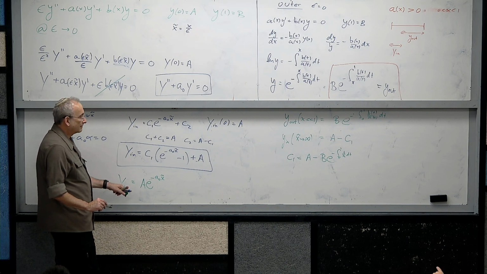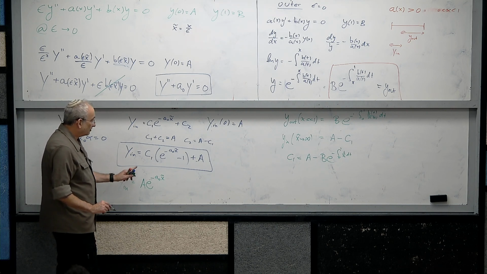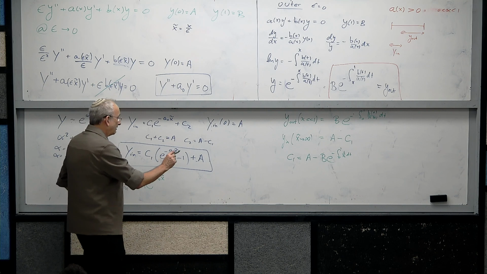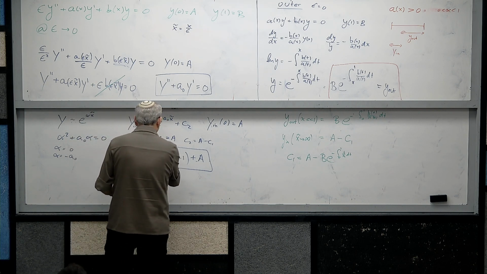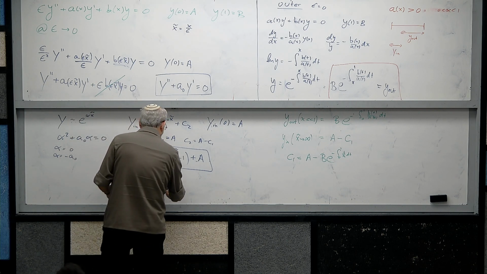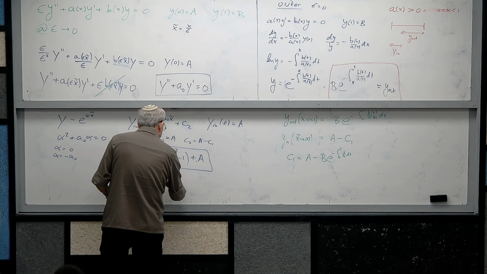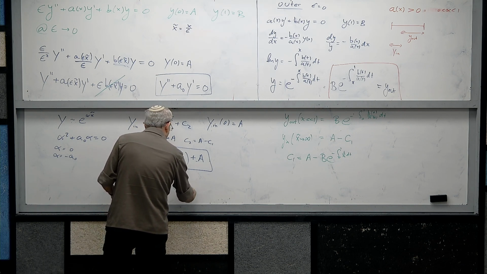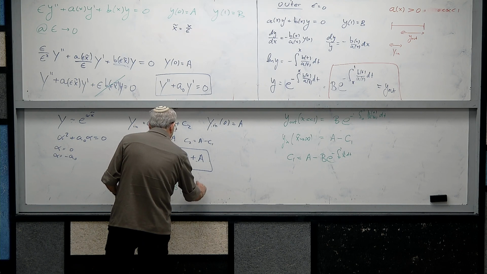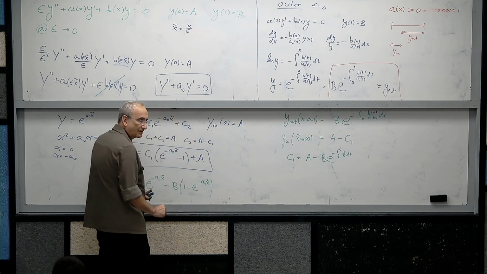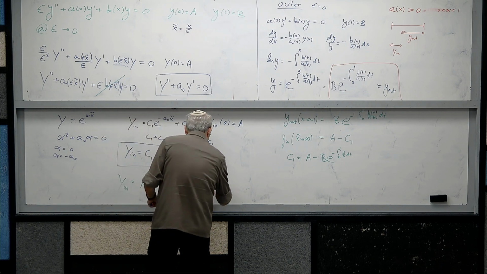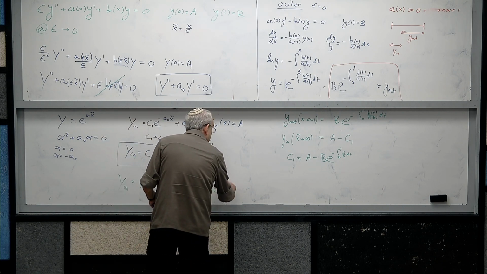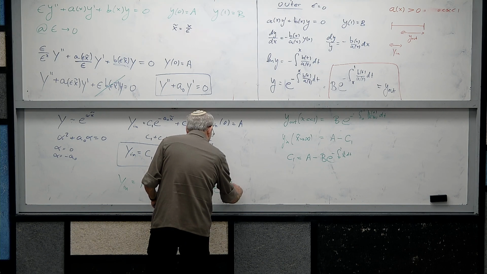That is the contribution from the a. And now I have the b. I should put the b here. So I will have plus b times (1 minus e to the minus a naught x tilde) times e to the minus the integral from 0 to 1 of b over a dt.